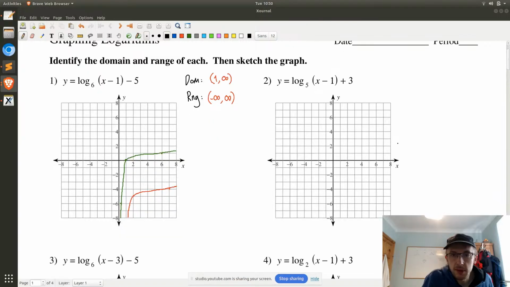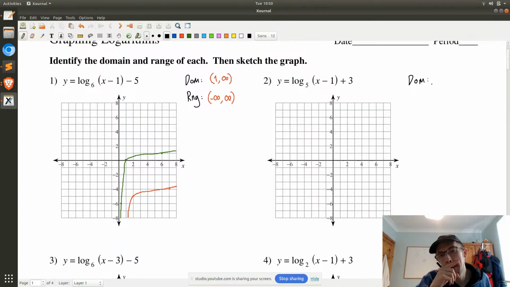All right, second problem. Log base 5 of x take 1 all at 3. Right, okay.